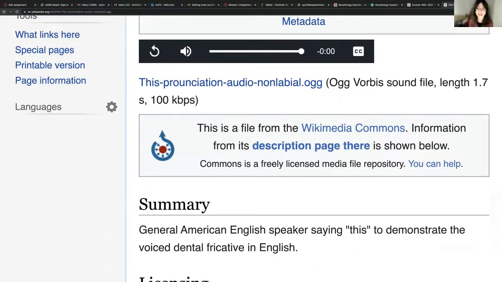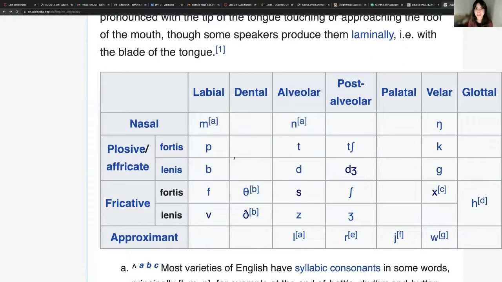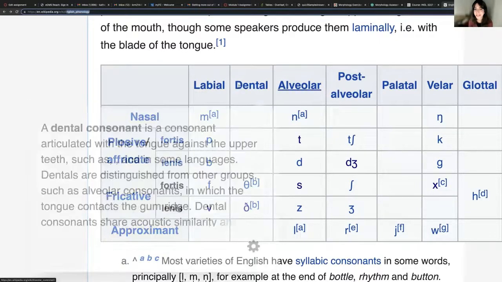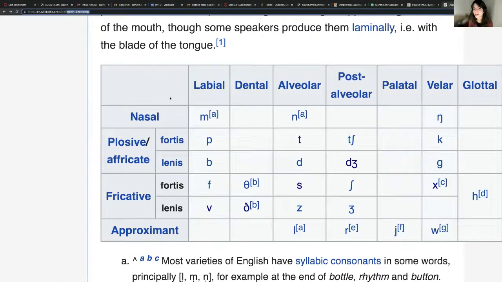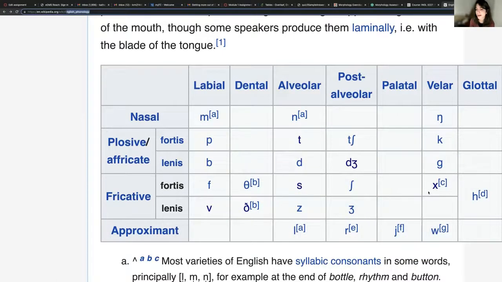This. There you go. So this is a cool thing about using this interactive chart under Wikipedia English phonology. This is a way that you can look at the labels for place of articulation up here, and then look at some of the symbols down here and familiarize yourself with them.